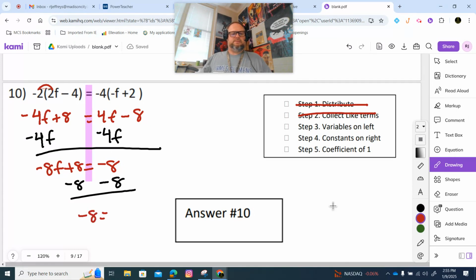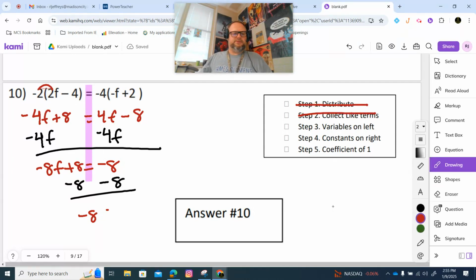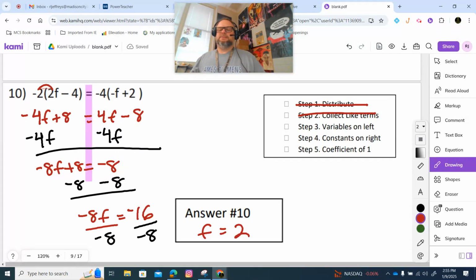Negative 8. Whoop, whoop, whoop, whoop, whoop. Feel like Mr. Crocker. It's an F. Some of y'all probably know. Does anybody not know who Mr. Crocker is? Okay, who does know who Mr. Crocker is? Okay. Dang it.